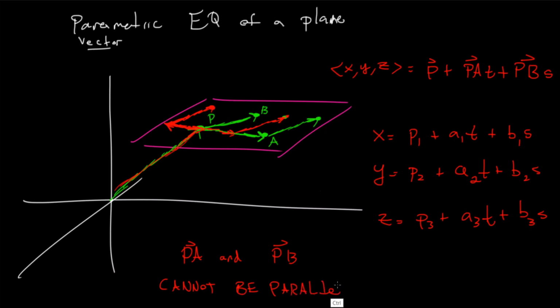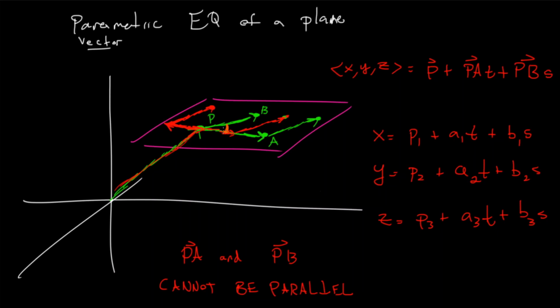That's weird. Cannot be parallel. If PB and PA are parallel, then we can only still describe a line. It's key that this angle right here is non-zero.